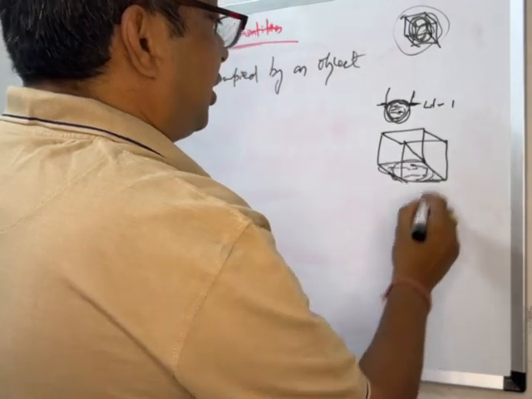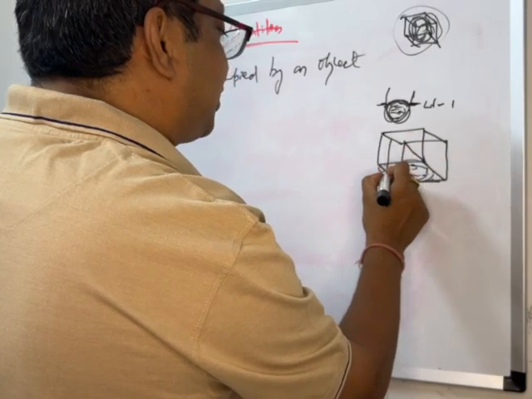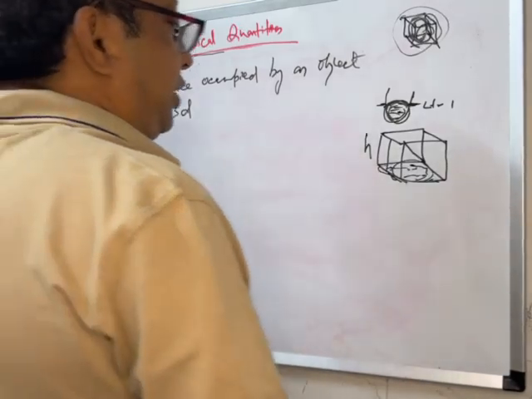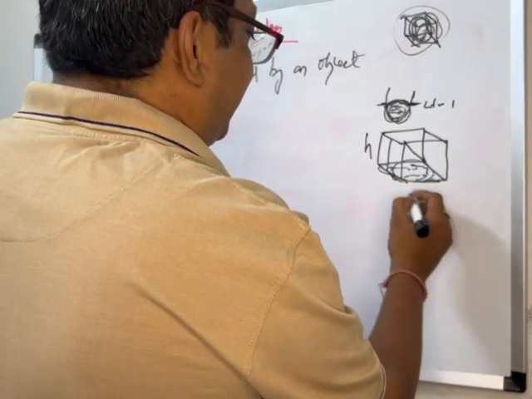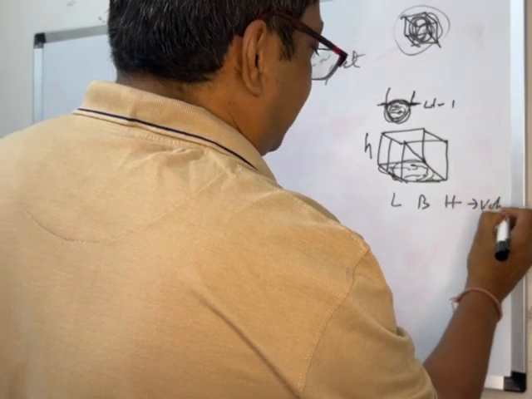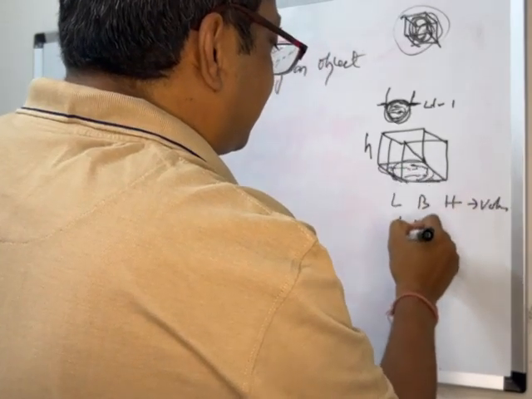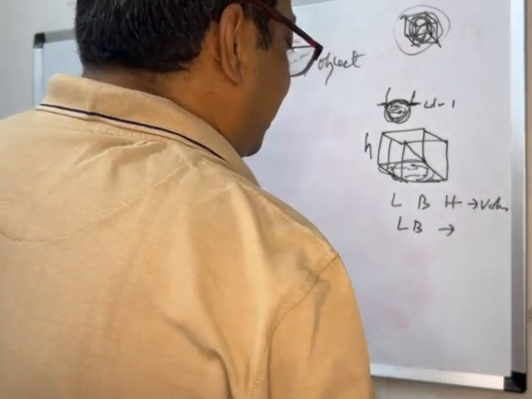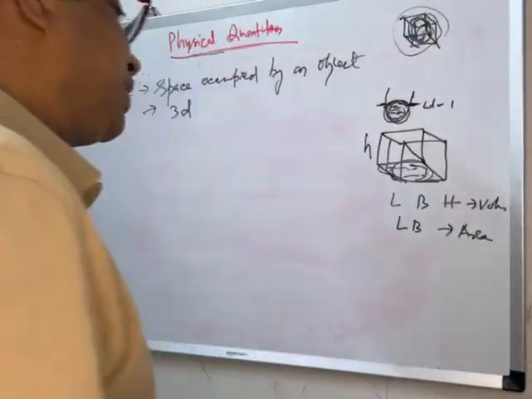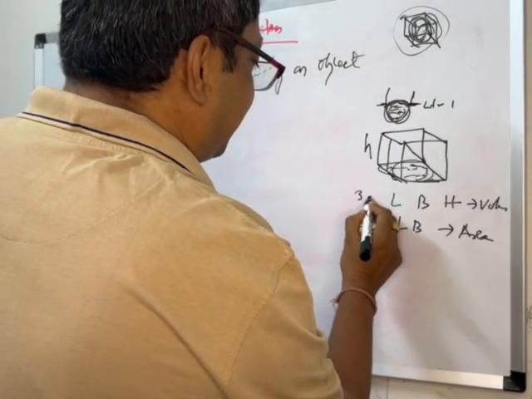But when you measure the wall touching your ground, that is called height, h. So if you consider all three, length, breadth and h, it becomes volume. When you consider only length and breadth, the surface, this is called area. Get it? So area is 2D and volume is 3D.